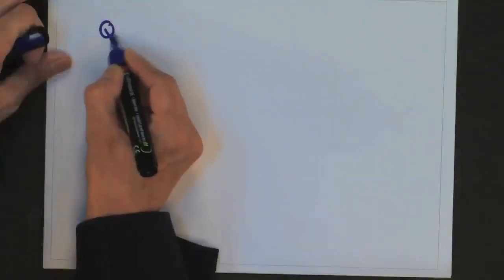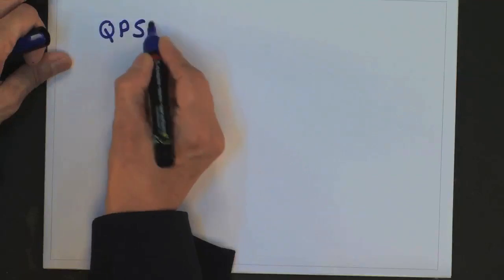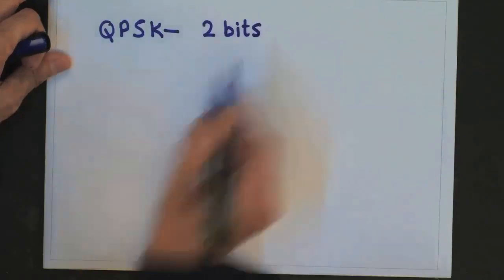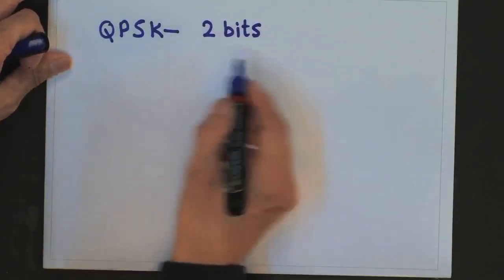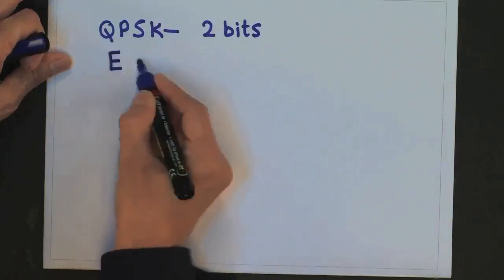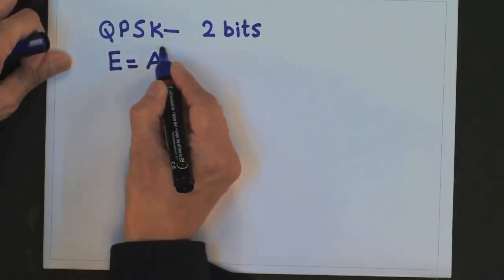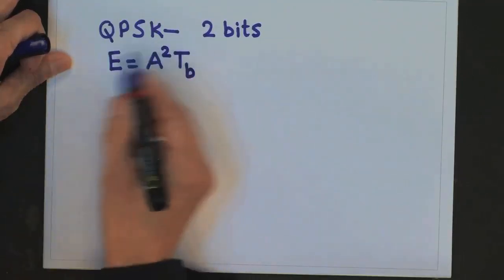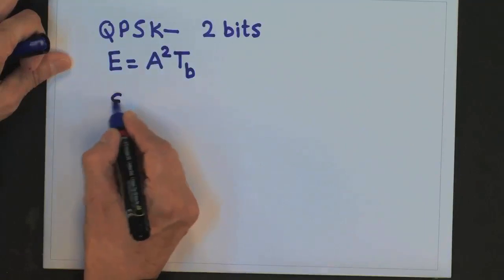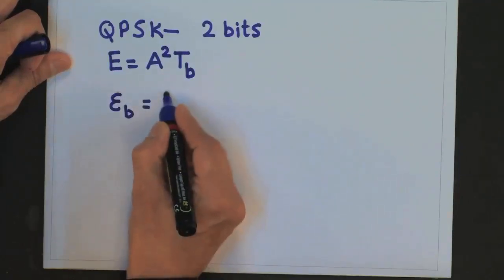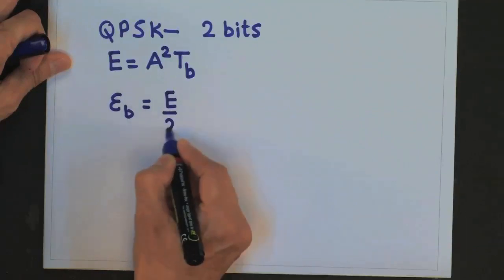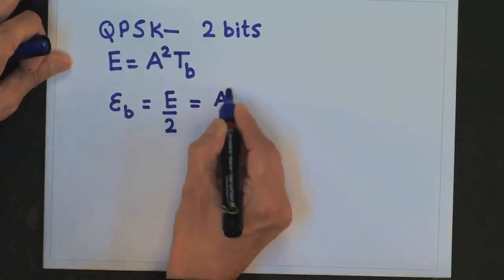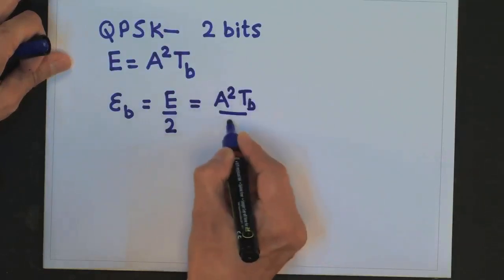Now, a QPSK signal carries 2 bits of information, and the energy of each signal is equal to A squared multiplied by T_B. So, the average energy per bit is equal to E by 2, which is equal to A squared T_B by 2.